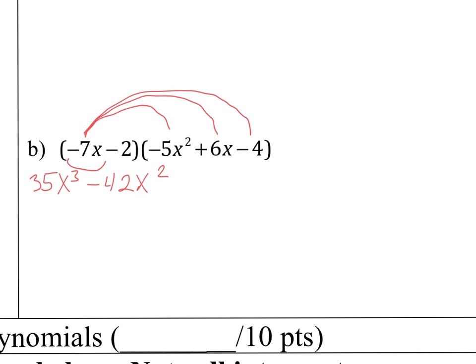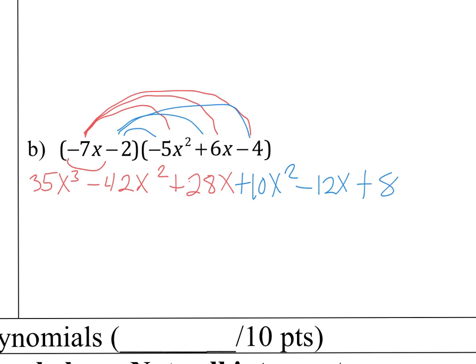Negative 7x times negative 4 is going to be plus 28x. Negative 2 times negative 5x squared is going to be plus 10x squared. Then we get minus 12x and plus 8.